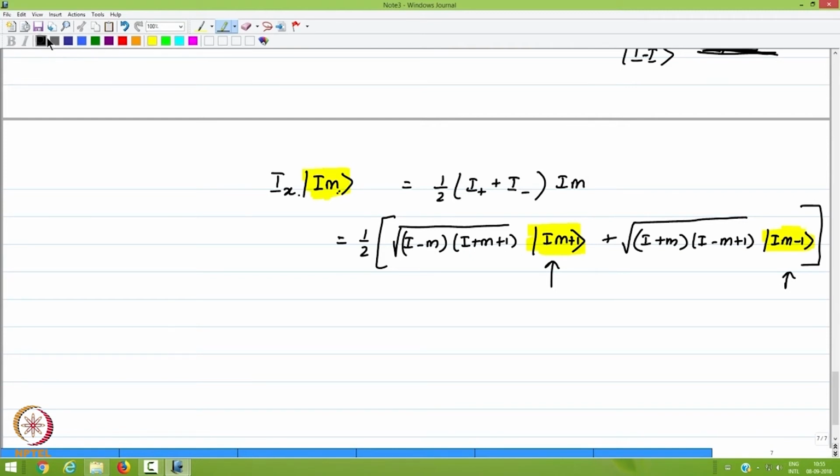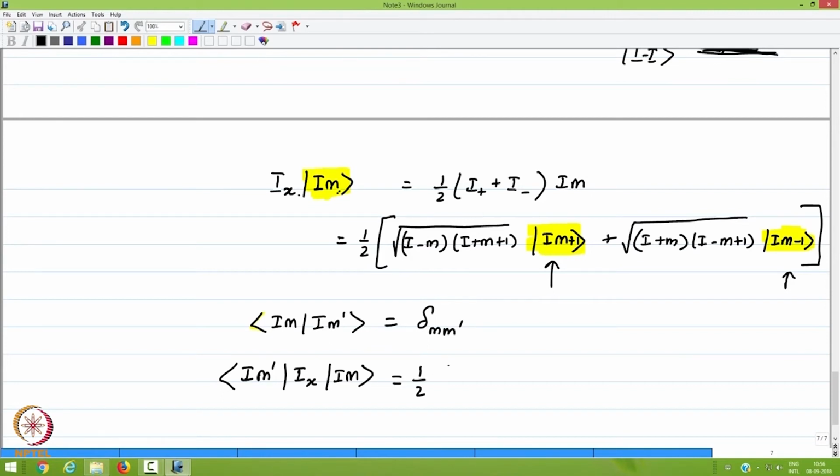Therefore, recalling that the states Im and Im prime are orthogonal, delta m prime, it is immediately possible for us to write that if I write Im prime Ix on Im, I will get the result, namely delta m prime, m plus 1, square root of I minus m, I plus m plus 1.